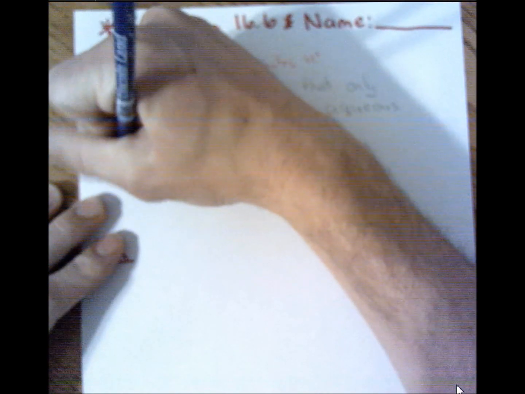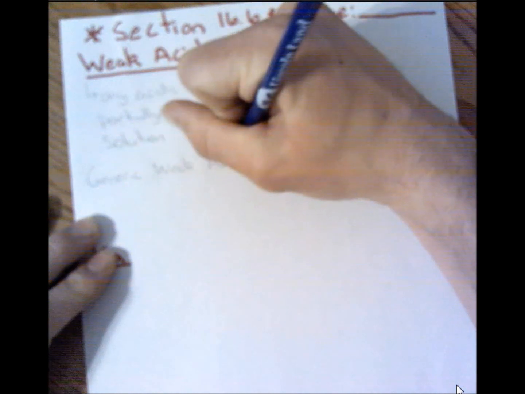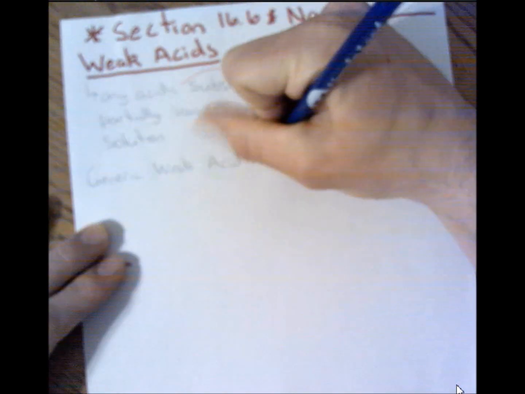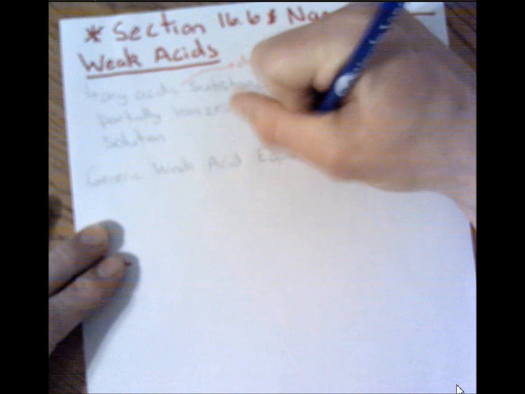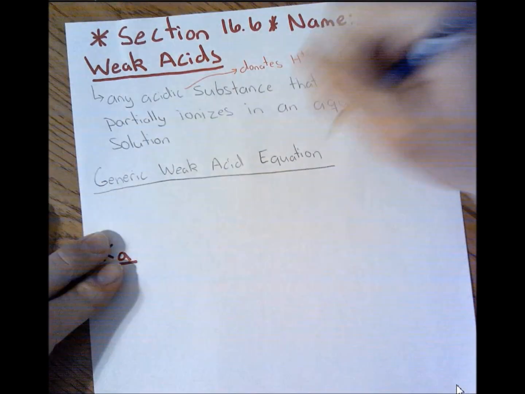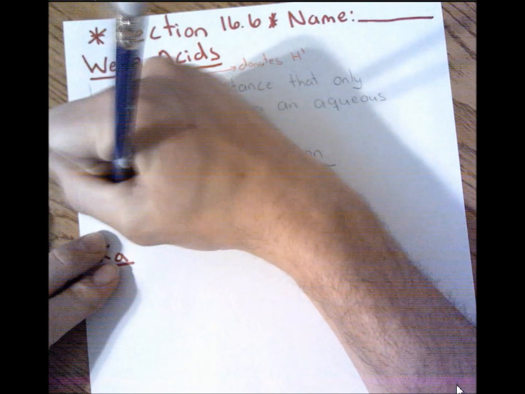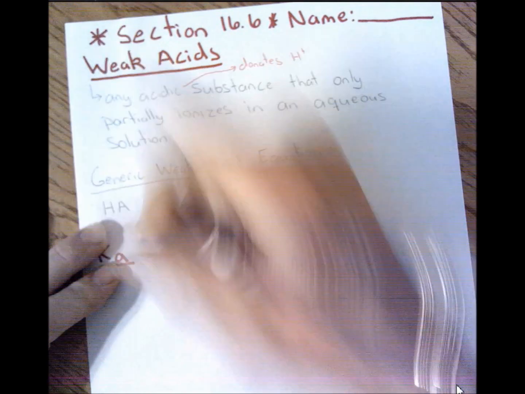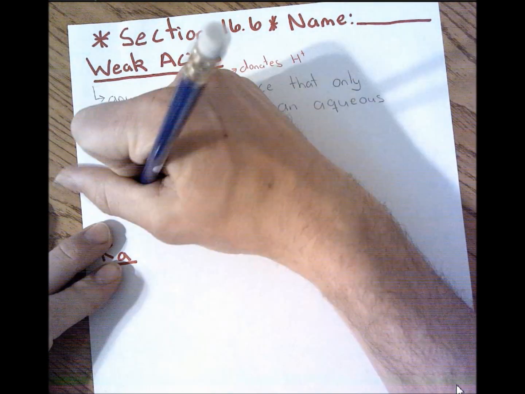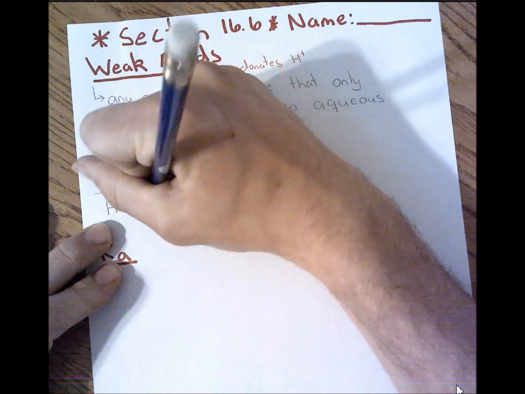So if we move on to a generic equation, this, in my mind, helps me differentiate between strong and weak acids. So right here, we'll just have a generic weak acid equation. In a generic weak acid equation, we're going to call our weak acid HA, and this is dissolved in water, so it's an aqueous solution.